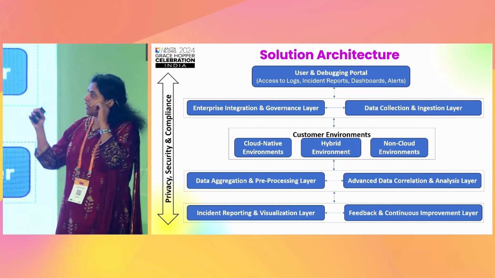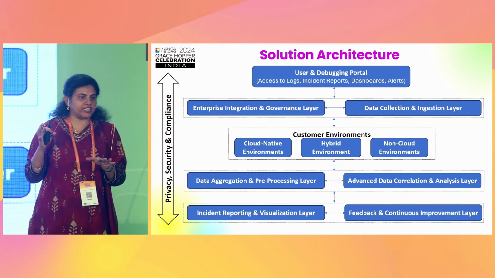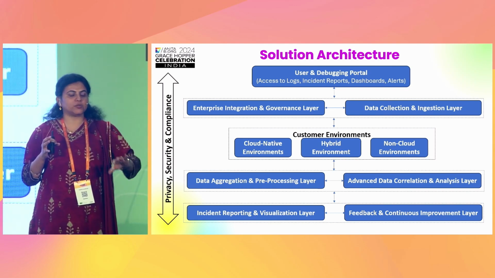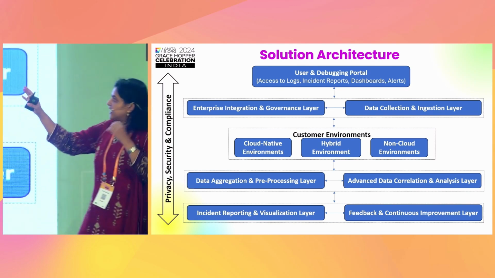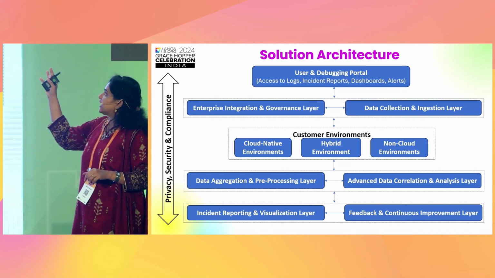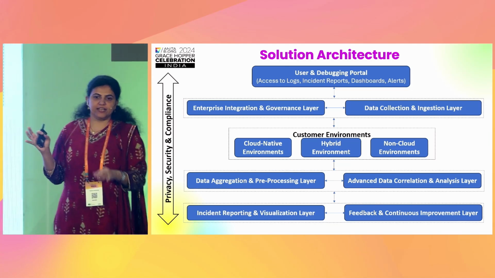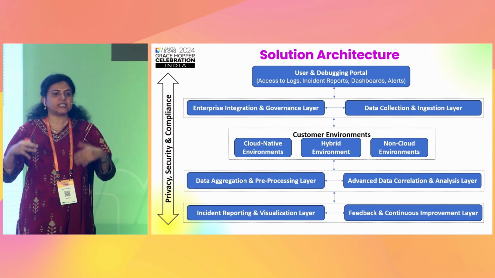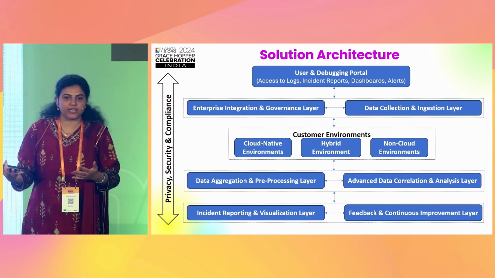So we are providing enterprise-level integration with the tools required to report an incident so that it gets tracked. Next, once the incident is reported and tracked, we come to the data collection and ingestion layer. At this point, we determine what my environment is. We are talking about an enterprise.